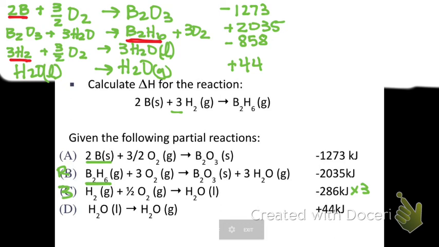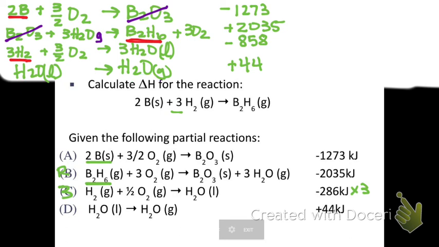So let's start looking at what we can cancel. B2O3, one of those. 3H2O, yeah, that's a gas. Okay, so here's one of them. Oh wait. That's a liquid.